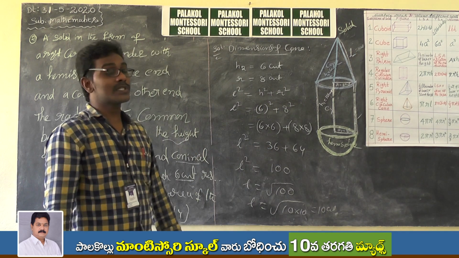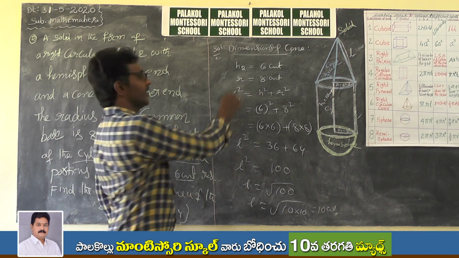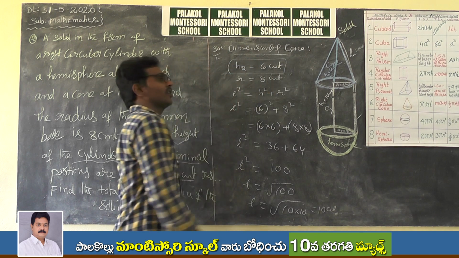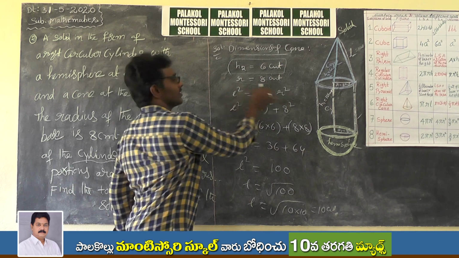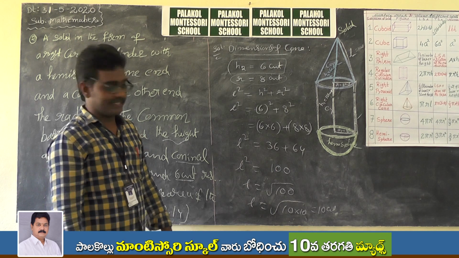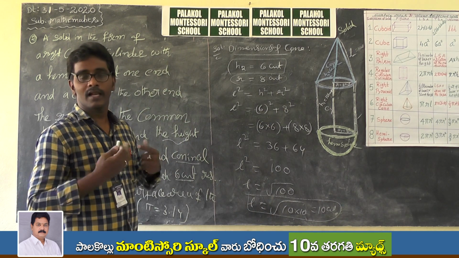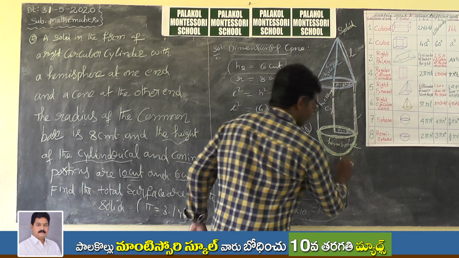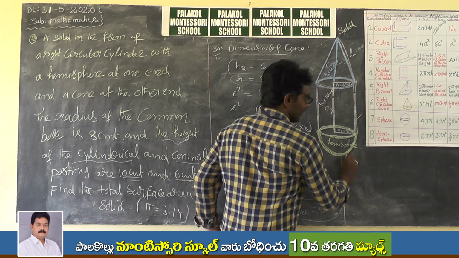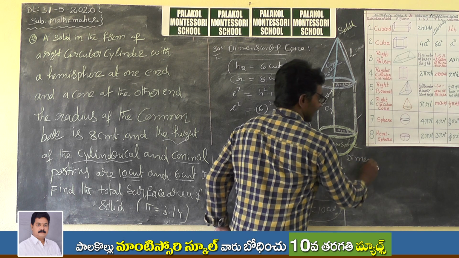Guys, the cone portion, all values are ready. H2, the height of the cone; radius of the cone, 8 centimeters; L is equal to 10 centimeters. Ready. Next one, dimensions of the cylinder, the second part.